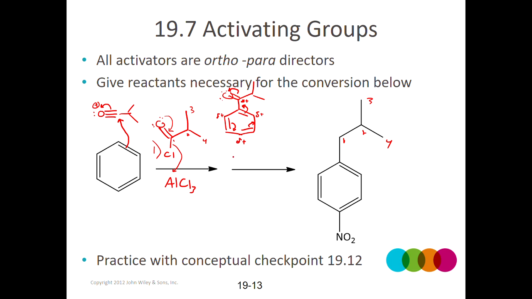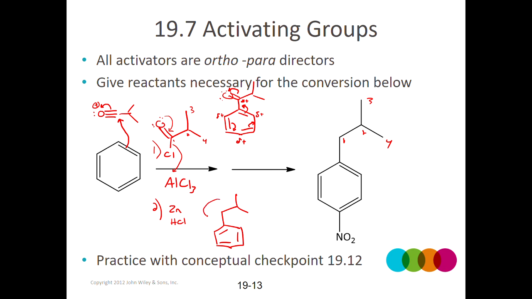So the next step here, we would want to reduce the CO double bond to CH2. And so we could do that with zinc and HCl. That would reduce the CO double bond to a CH2. So that's Friedel-Crafts acylation followed by reduction of the CO double bond.